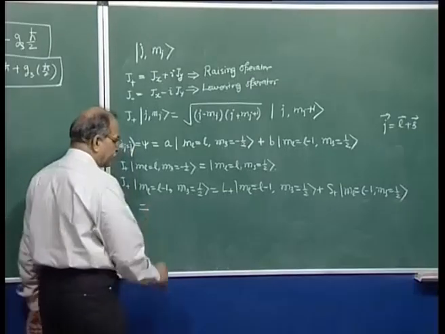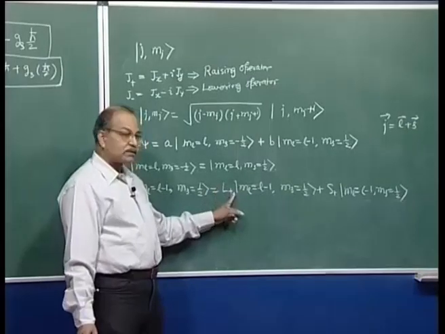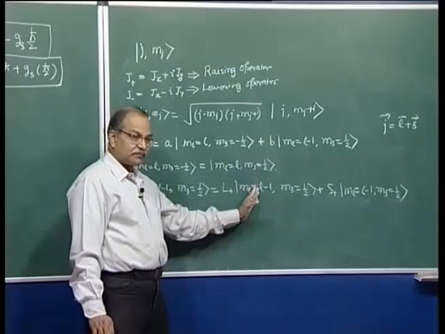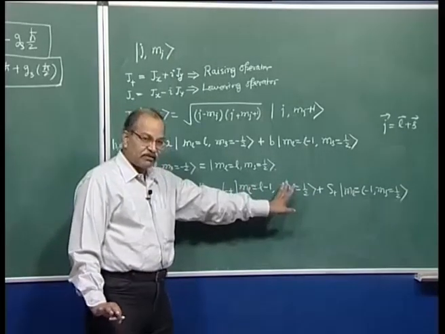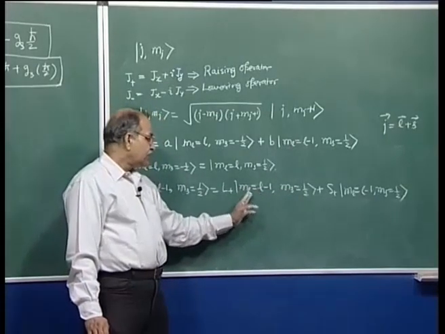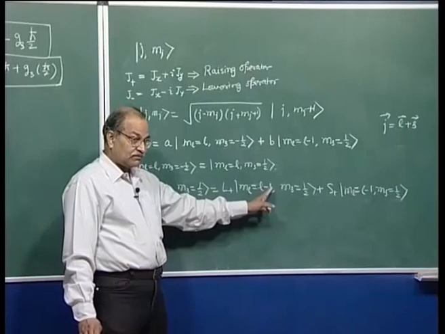Here L plus will operate on this ML, this space part, not spin part. Spin part will remain unaffected, and here ML is L minus 1.